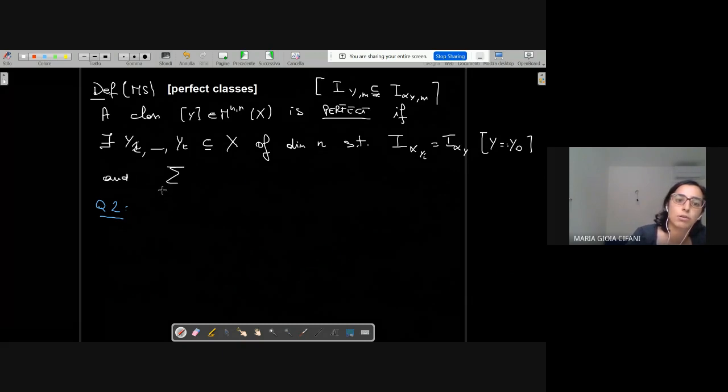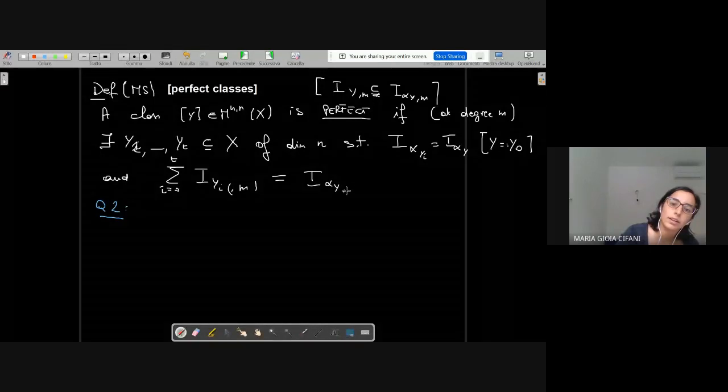The sum of the homogeneous ideals, degree by degree, up to a certain degree. I should say here that at degree m, to be more precise, if it's true for every degree, it is perfect and stop. This is exactly the ideal of y in degree up to degree m. So we have nothing more than homogeneous ideals of curves that we can control, because we have this property.